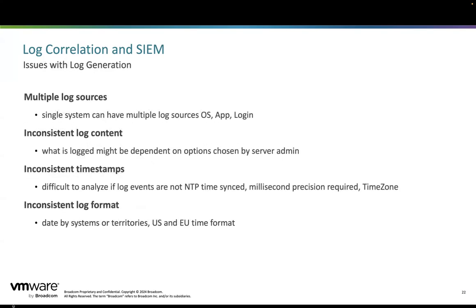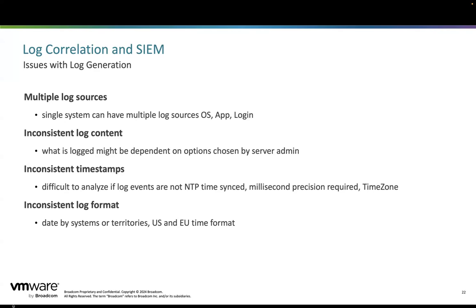Some issues with log generation. Oftentimes there's multiple log sources. A single system can have multiple log sources, for example, the operating system, the application itself, or a component of an application, the login of the user. Logs can sometimes be inconsistent, or the content in the logs can be inconsistent.